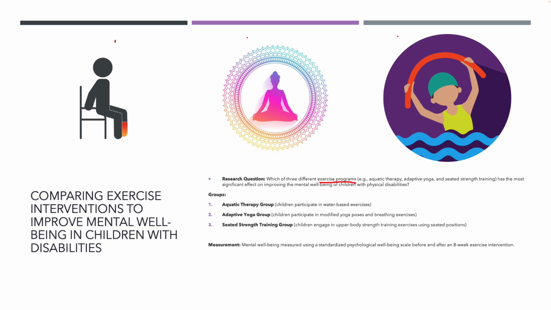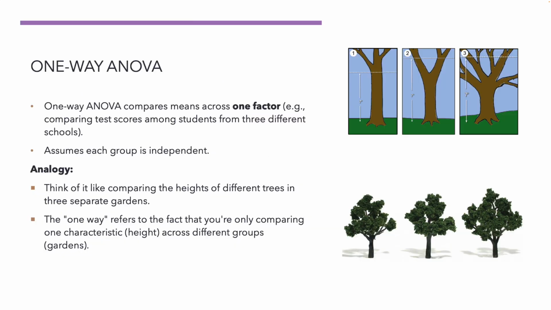That is the variable, and we're trying to determine which one of these has a significant impact on mental wellness. Well, in order to determine which one is more significant, we have to do a post hoc test that will identify a clear winner. I'm not going to go into that. I just want you to know what it is.